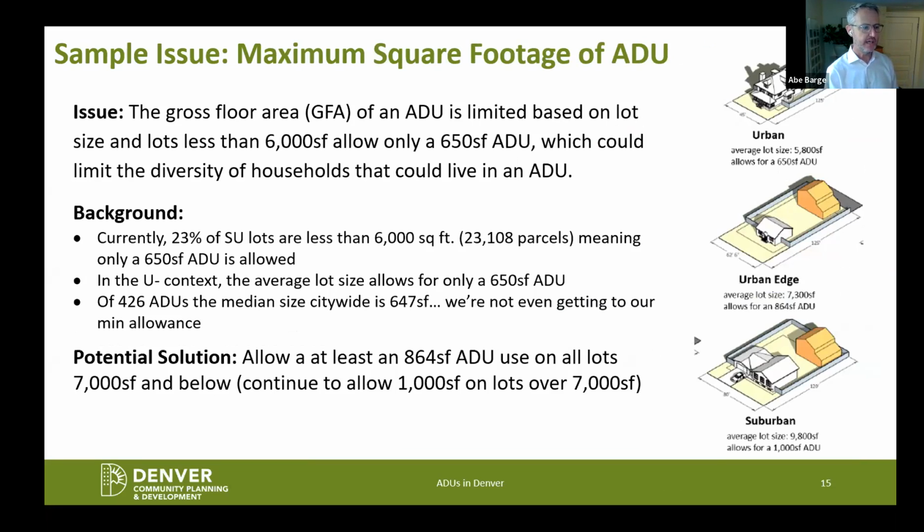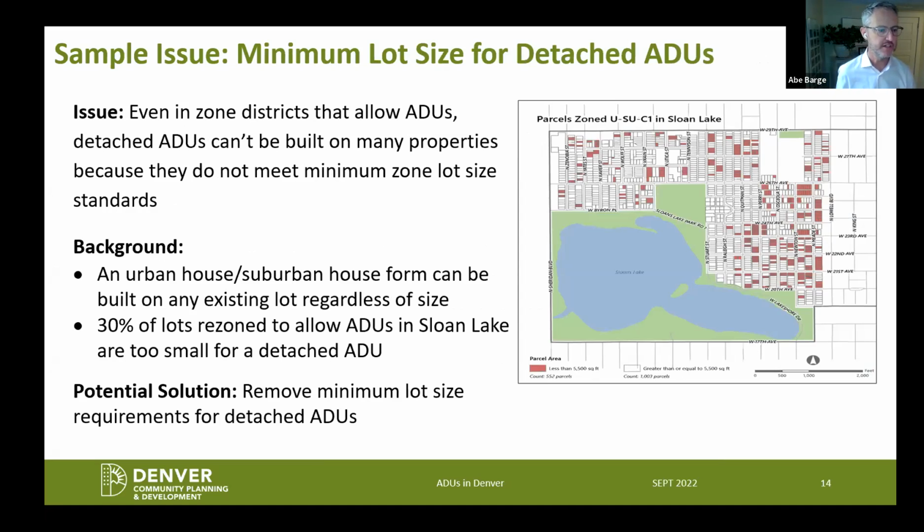So, and then Gertie asks if the zone lot is too small for a detached ADU, can they rezone to a different zone district that has a different minimum lot size that's smaller? The answer is, well, you can, as a property owner, propose any rezoning.